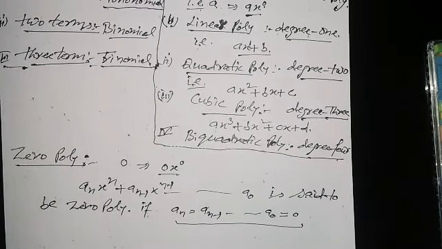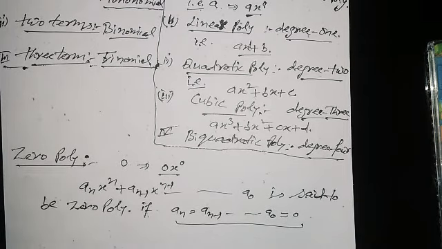Okay, so a polynomial containing all terms as 0 is called a zero polynomial.